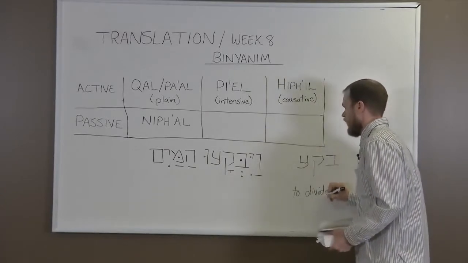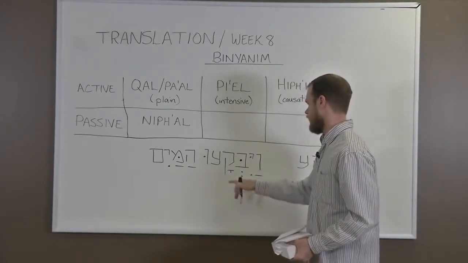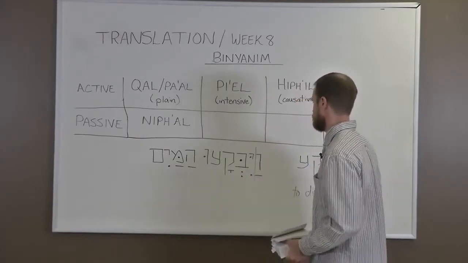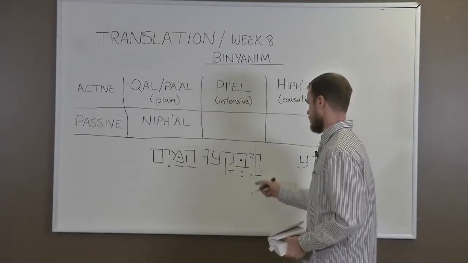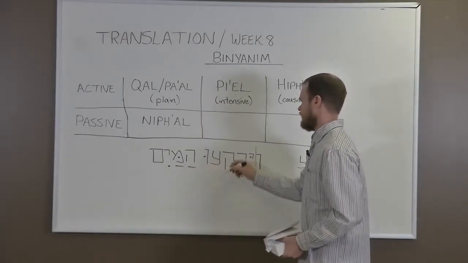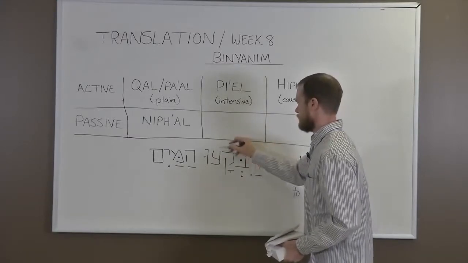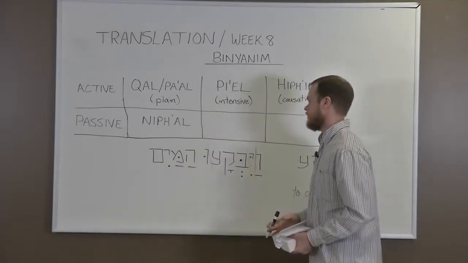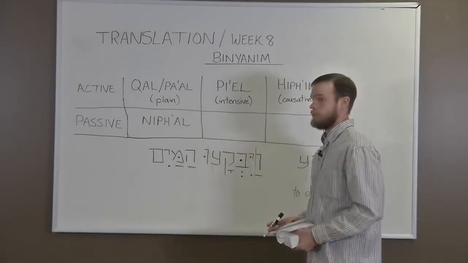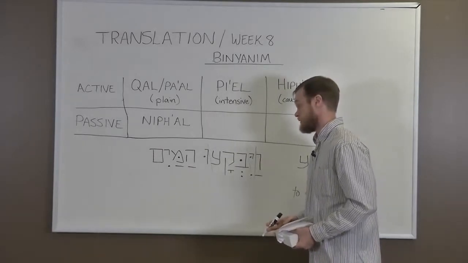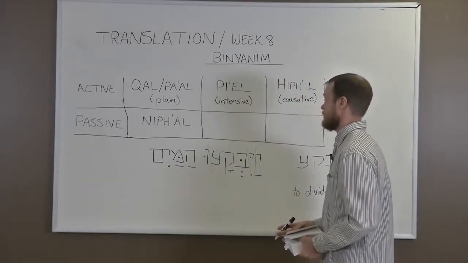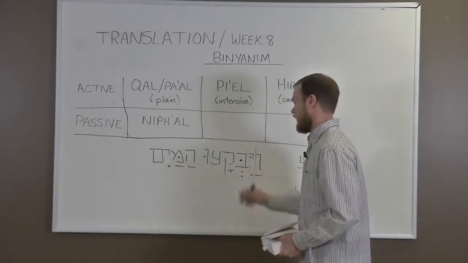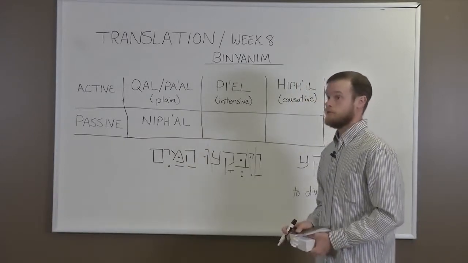So this verb here we can see, take off the vav at the beginning, and we are left with yivka'u. The beginning and ending we can identify as the prefix and suffix that correspond, in the conjugation chart, to the third person masculine plural, future tense. And the vowel pattern corresponds to the nifal.